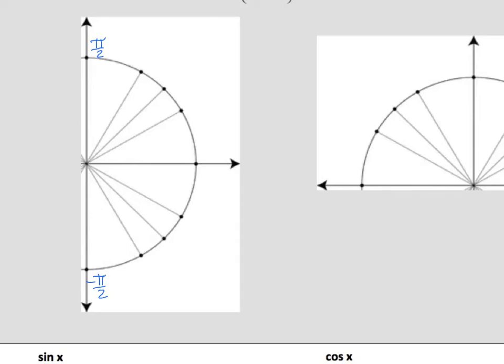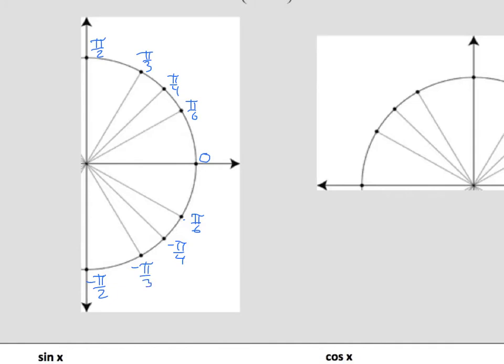And we could fill in the rest of this half of the unit circle. This would be 0, pi over 6, pi over 4, pi over 3, and then the negative angles down here, negative pi over 6, negative pi over 4, negative pi over 3.